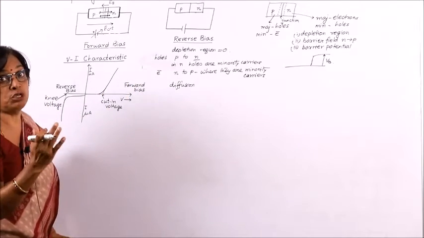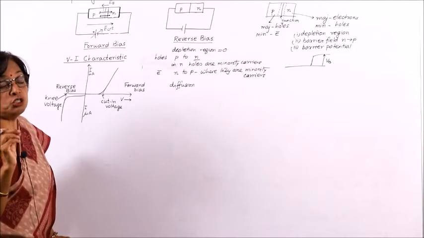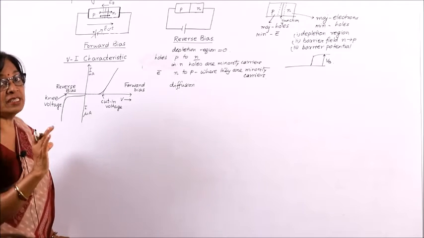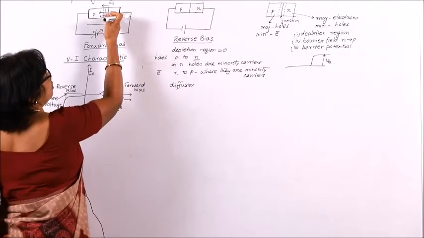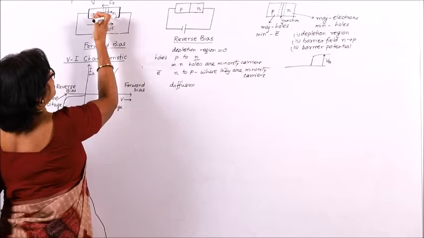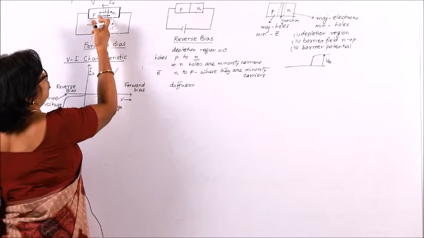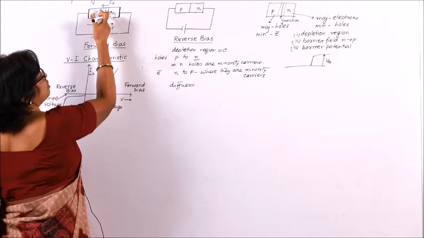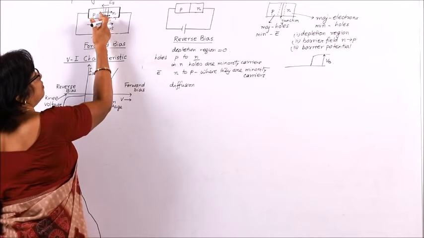There is more diffusion. Diffusion and drift both constitute current, but in this case there will be more diffusion in the forward bias. Due to diffusion, the holes will move from here to here, and similarly on the p side, electrons have come from here to here. Once they come here, the electron concentration is more here and less here, so there is a concentration gradient of electrons.